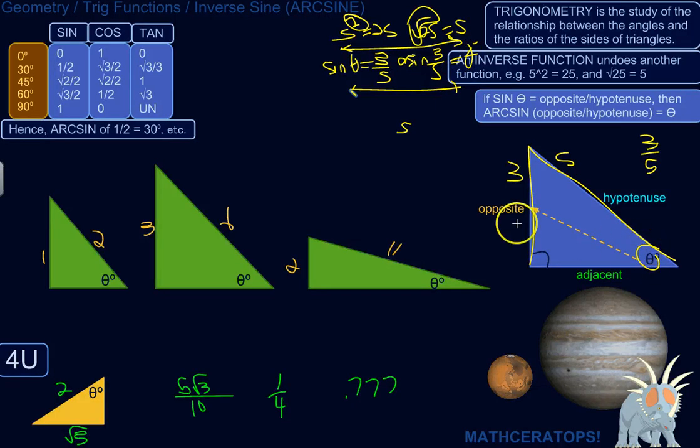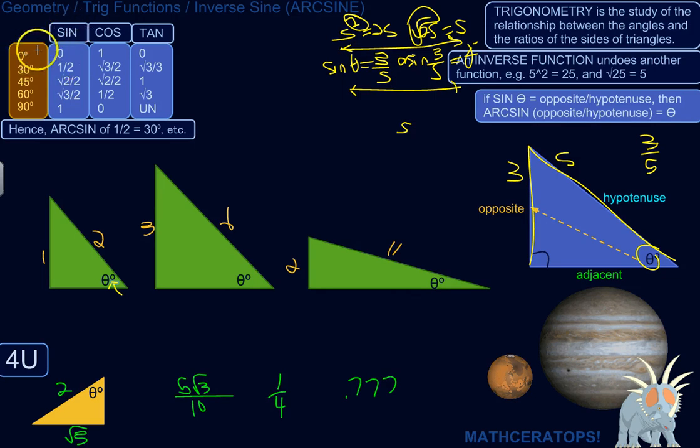Okay, so let's look at some specific examples where we figure out what these angles actually are. For some of these we don't need the calculator. I've created a table of the very standard degree measurements where there are very simple trigonometric ratios.